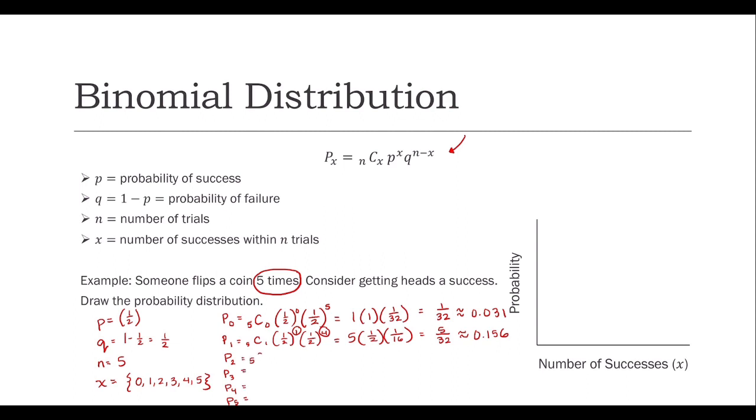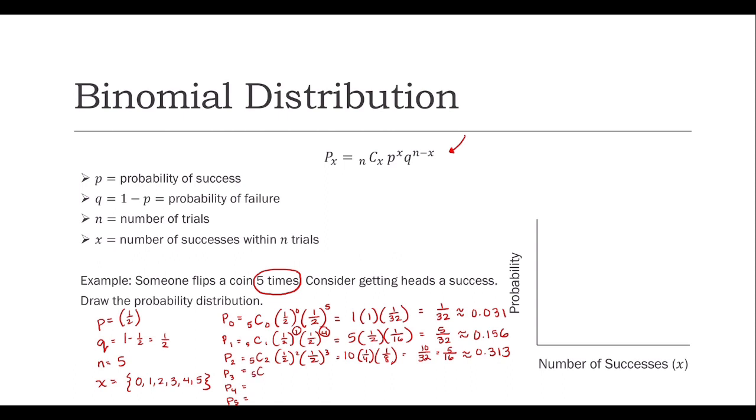We'll have 5 choose 2 times 1/2 squared times 1/2 cubed, which is 10 times 1/4 times 1/8, which is 10/32, which equals 5/16, which is approximately 0.313.